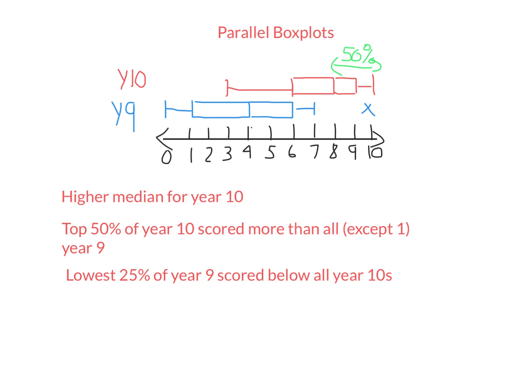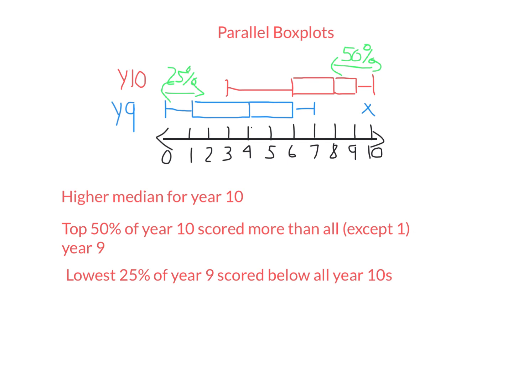Another thing you could say about these box plots, the lowest 25% of year 9 scored below all of year 10s. So the lowest 25% of year 9s is here. This section always represents a quarter or about a quarter of the data. So the lowest quarter of the year 9 class scored either 0 or 1 in the quiz.